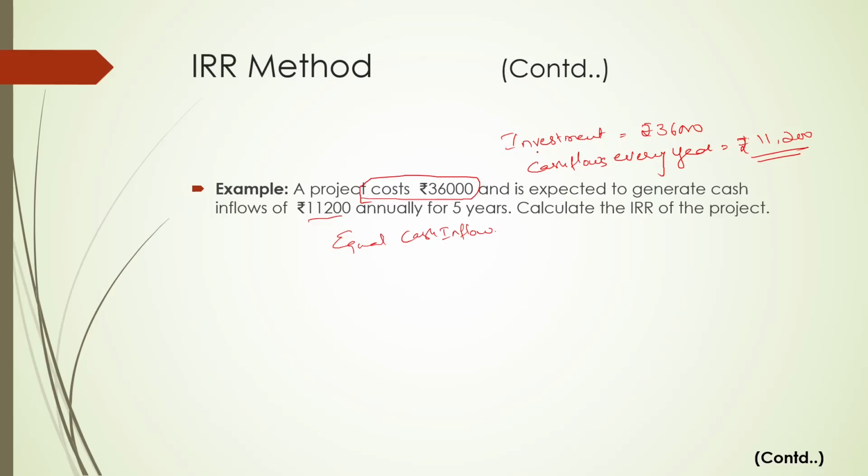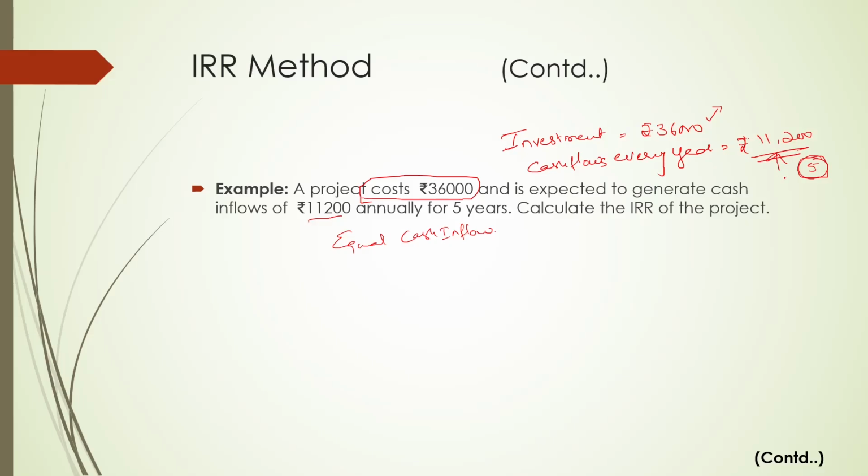So if you are selecting a project, the investment required is 36,000, and it is going to give you 11,200 rupees every year, and the project duration is 5 years, means all 5 years your expected cash inflows are 11,200.